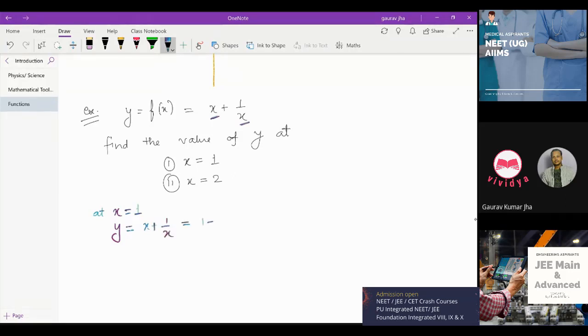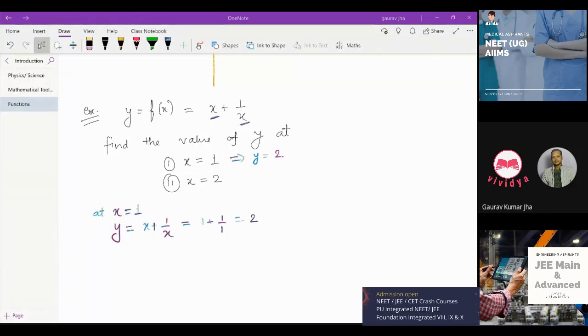You'll get 1 plus 1 by 1, which is 2. So the answer is y equals 2. If x is 1, then y will be 2. Is it difficult? Not at all, right? Don't worry about it. Have some patience. Just go through it.